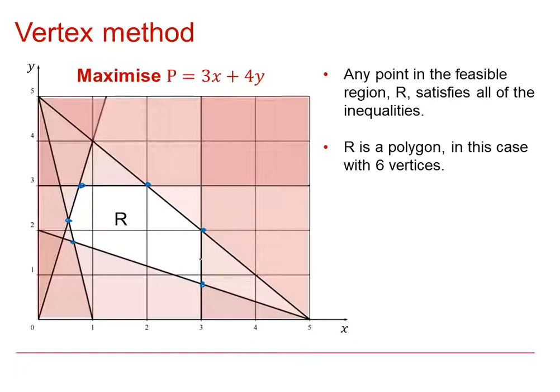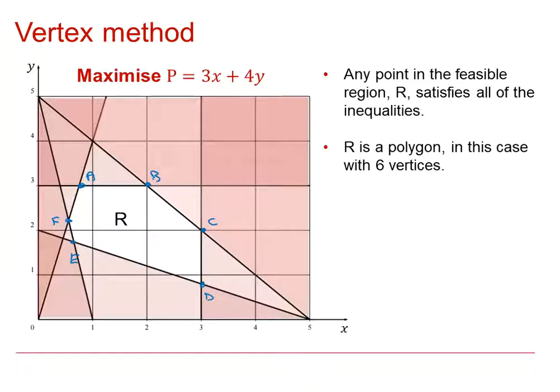Now normally I would do all the vertices, but just for this maximizing problem I'm going to look at A, B and C. Normally I would do all 6 at the same time. I'll label them now, but we're going to deal with the other 3 in a moment. So let's look at the obvious ones.